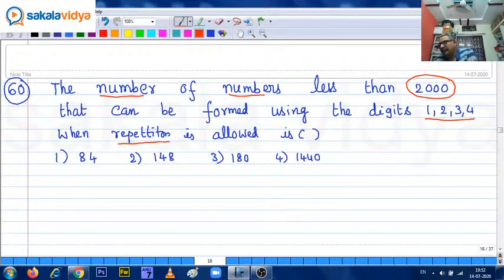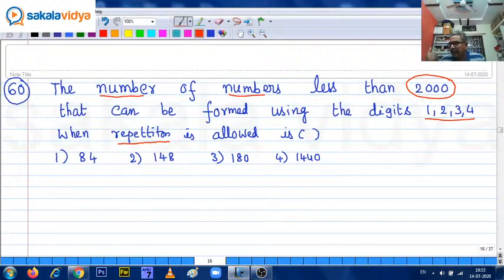That we need to find out. But don't find all 4-digit numbers, because then even the numbers which begin with 3 and 4 will come. That means they are more than 2000.